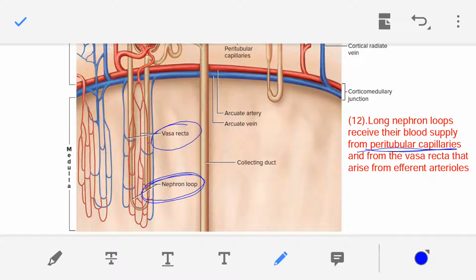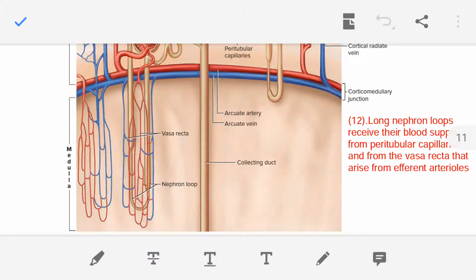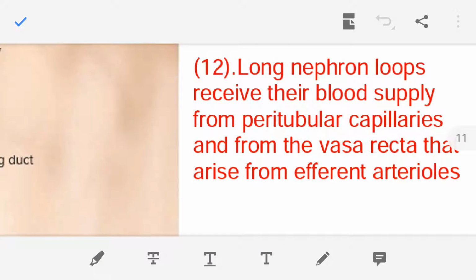So both the peritubular capillary and the vasa recta, both these capillary networks, supply blood to the nephron loop of the juxtamedullary nephron. Okay, so this one is the 12th point.